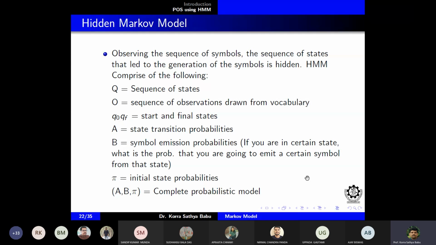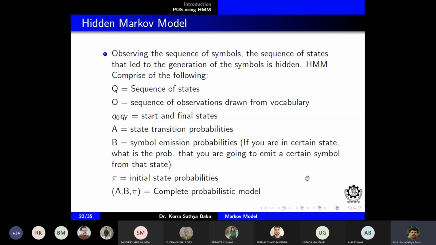A is the state transition probabilities, and B is the symbol emission probabilities. For a particular transition, what would be the emission of a particular symbol? So if you are in a certain state, what is the probability that you will emit a certain symbol from that state while doing the transition? That is what we call emission probabilities, and pi represents the initial probabilities.